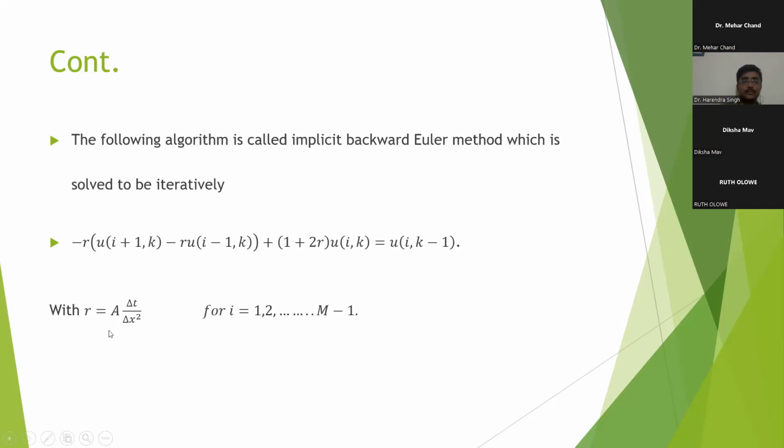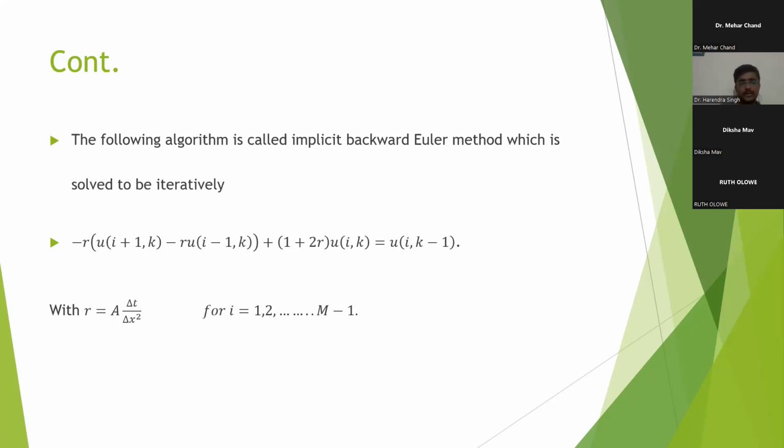So it is up to you what discretization you take along the x-axis and the t-axis. For a better result, you can take very small step sizes along the space and time variables.